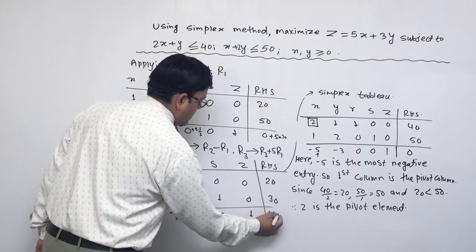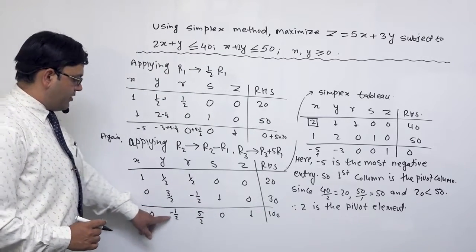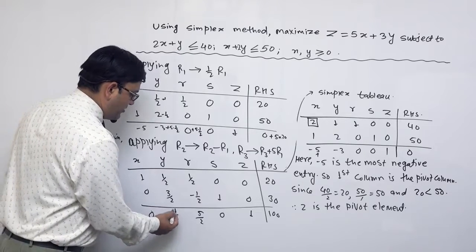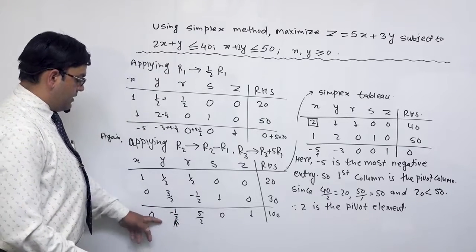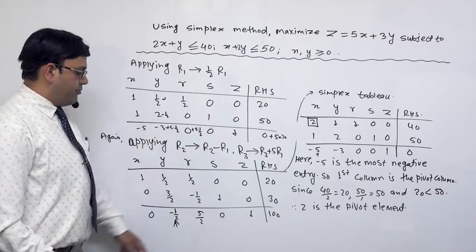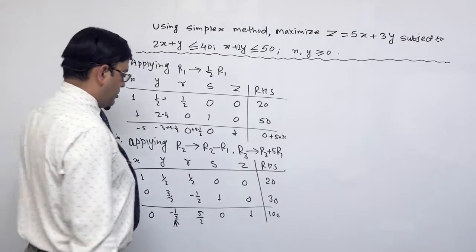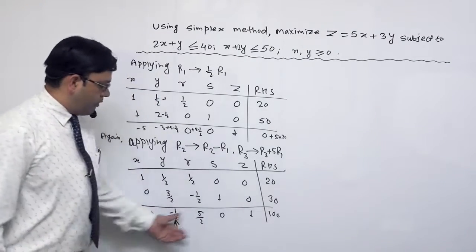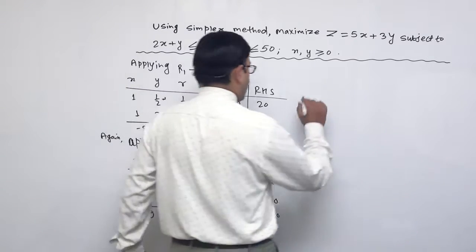We have here 100. Here the solution is not optimal again, as minus 1/2 shows we have to take this negative, so this second column is the pivot column. Until all entries become positive we have to keep doing this, therefore we are now writing.